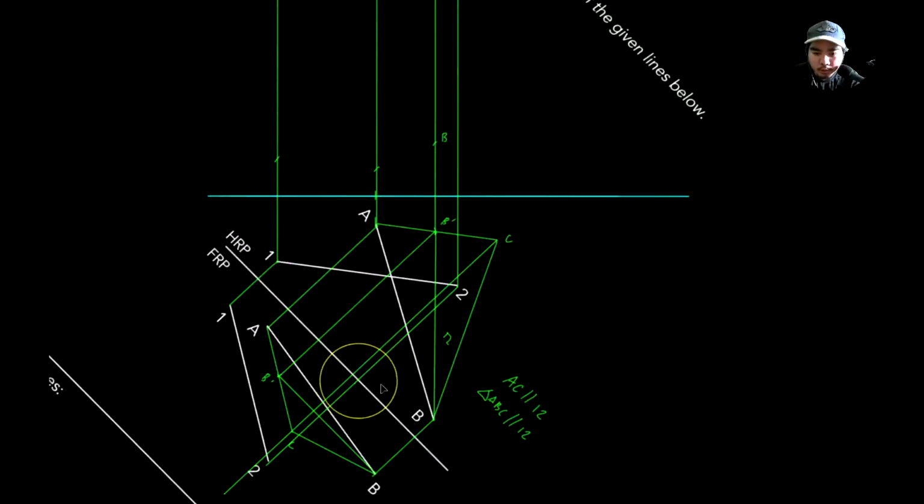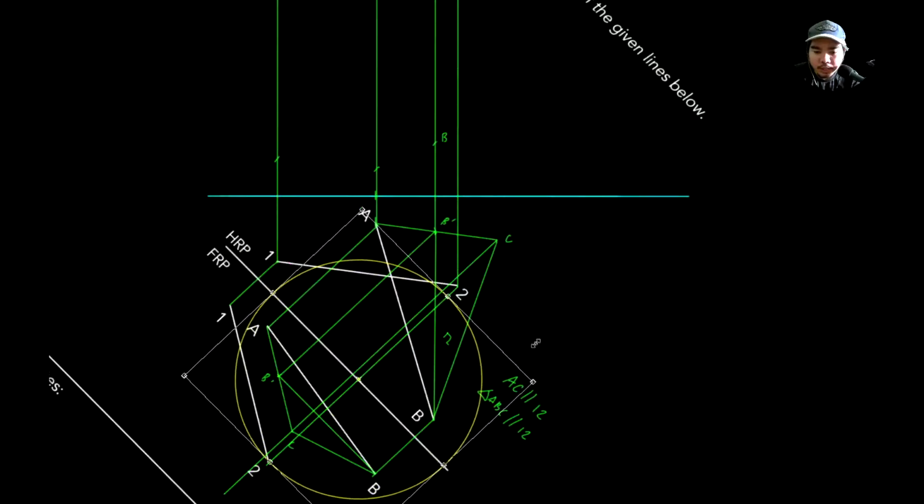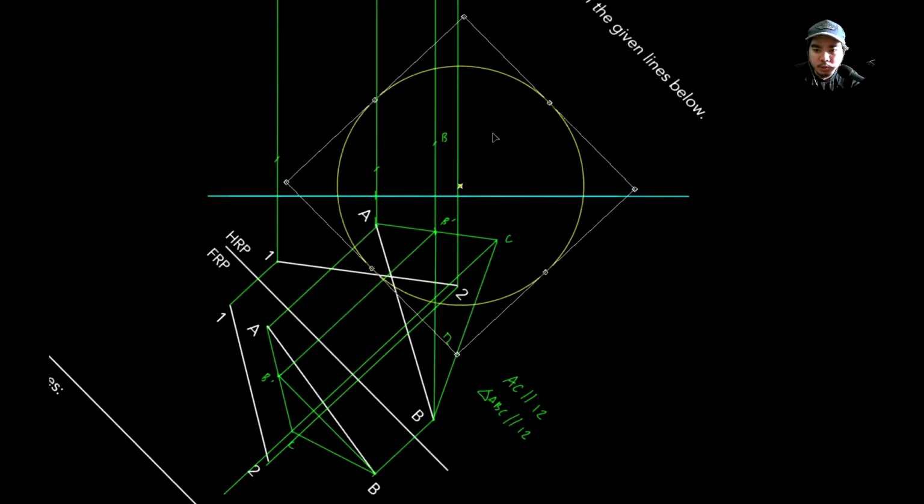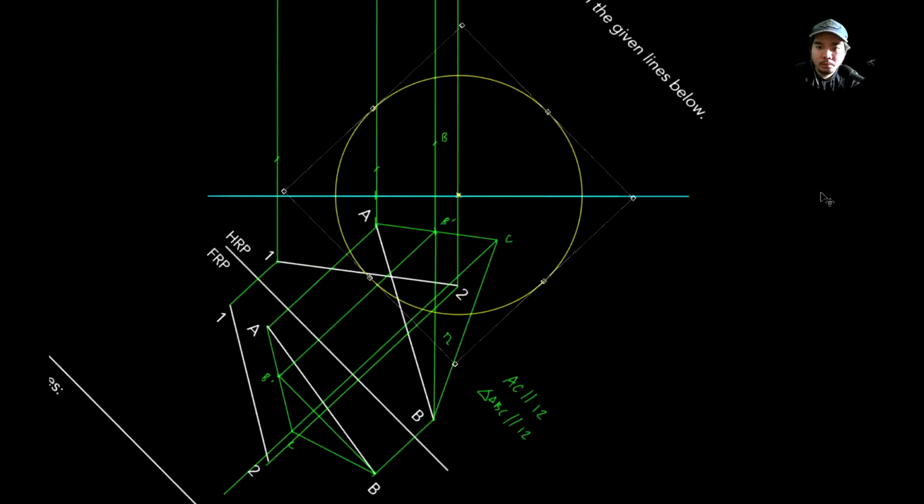Point 2 is, and if we did it correctly, dapat parallel tong 1, 2, and AB at this view. So where's 2? Here. And mukhang tama naman.